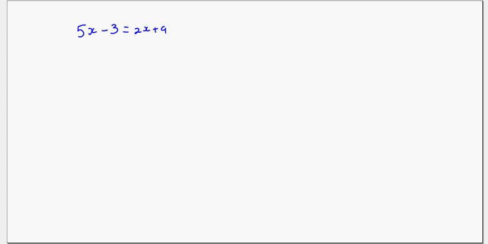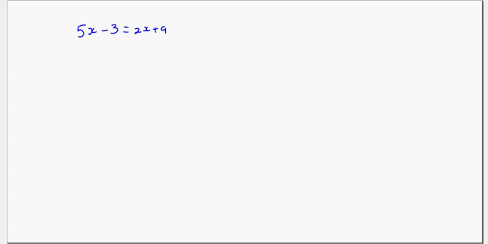The other thing we have to note when we're doing problems of this type is that we try to eliminate or remove whatever is furthest away from the x first. We do that first. In other words, we are going to deal with the minus 3 first in preference to the 5, in order to get x by itself.